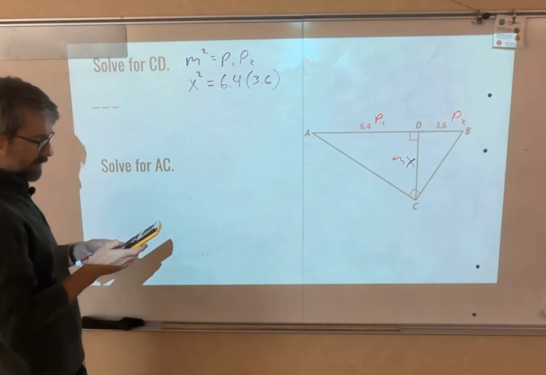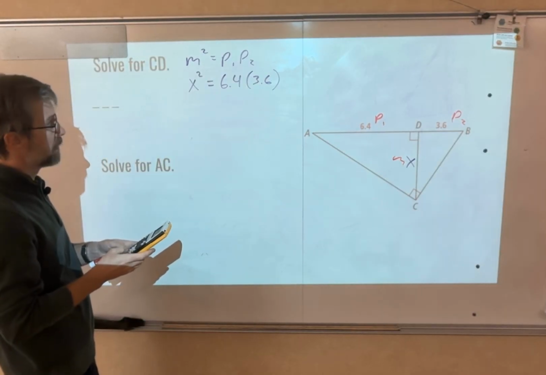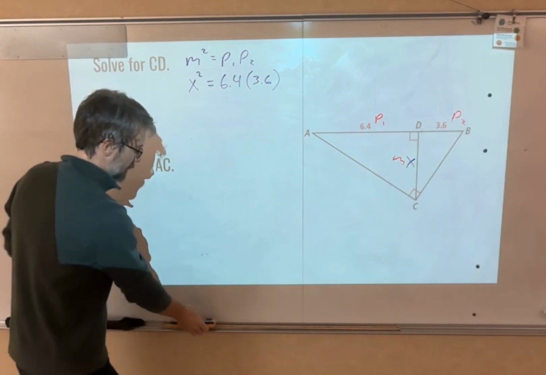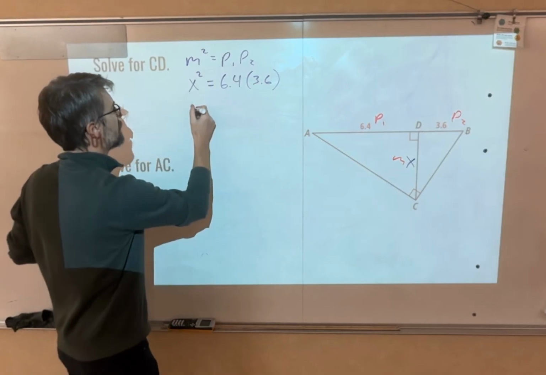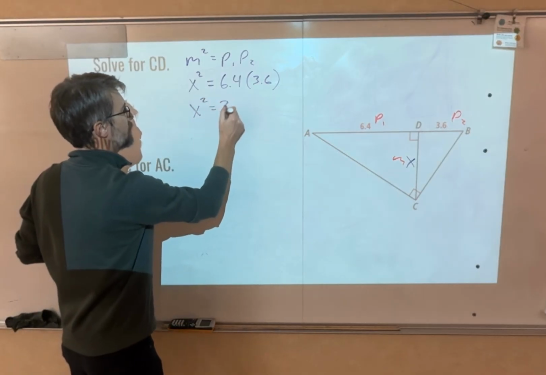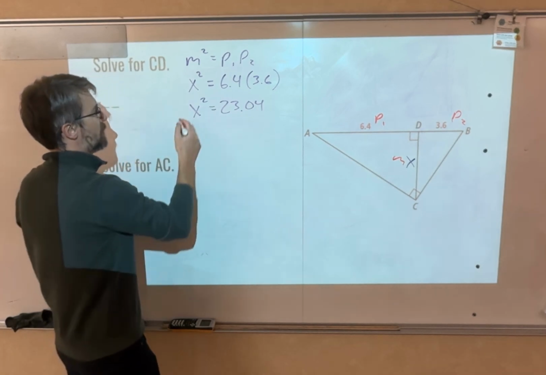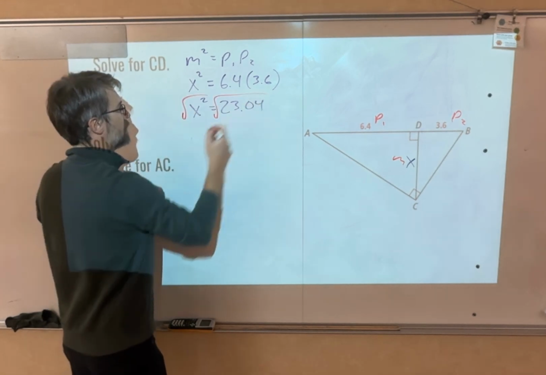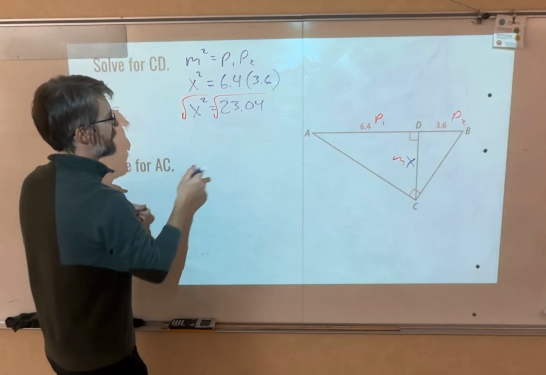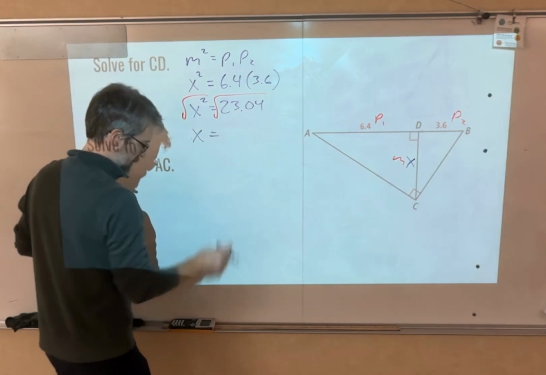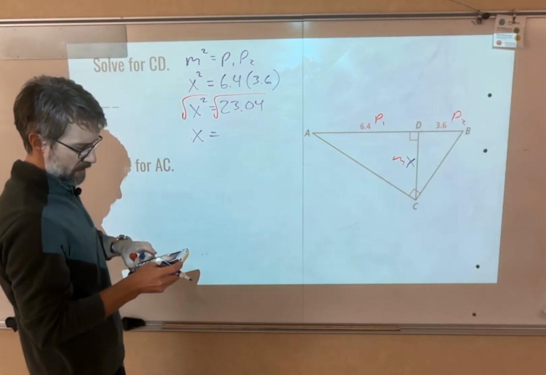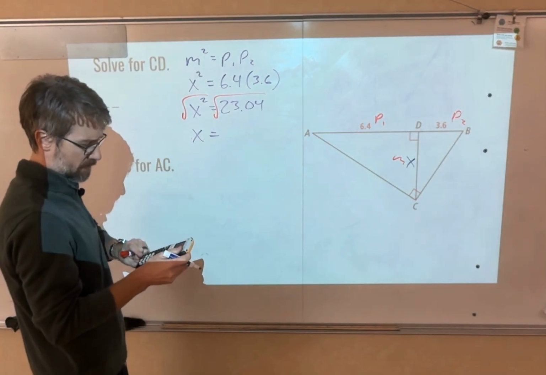And now if I multiply those two, I get 23.04. So x squared is equal to 23.04. And then I just have to take the square root of both sides. If x squared is that, then x must be the square root of that. And that is 4.8.